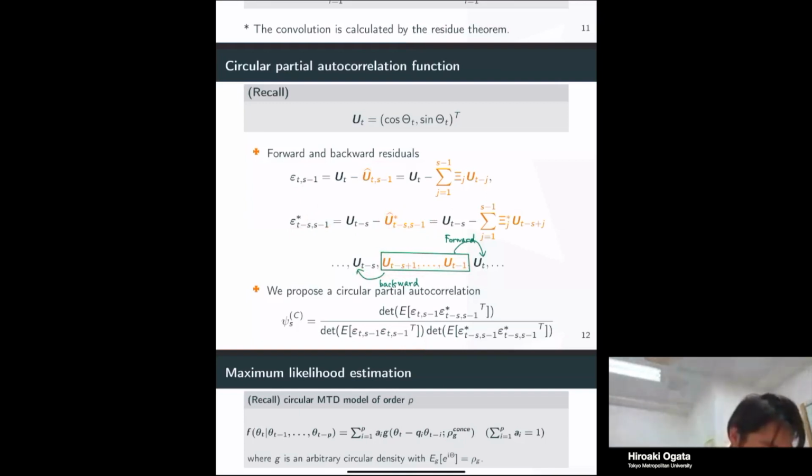The definition of the circular partial autocorrelation is simply the circular correlation of these two objects. So we can define the partial autocorrelation like this.